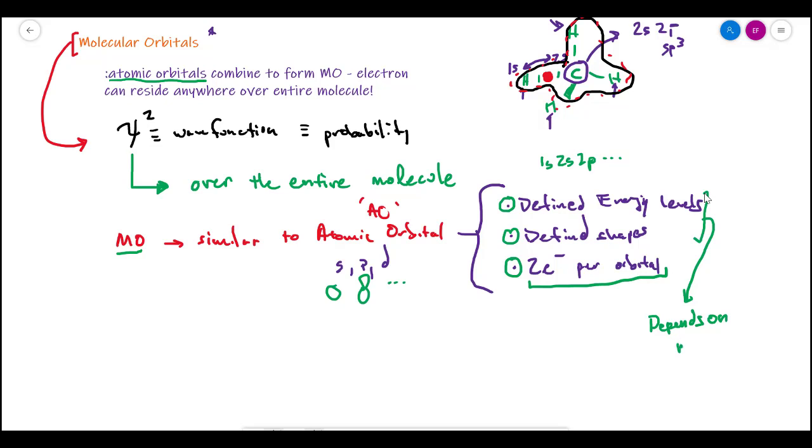That's different than atomic orbitals, which all had defined shapes regardless of the molecule. So in this case, we have a little bit more flexibility. The energy and shape of the MO depends on the molecule, and they can get pretty complex pretty fast if you have a complex molecule.